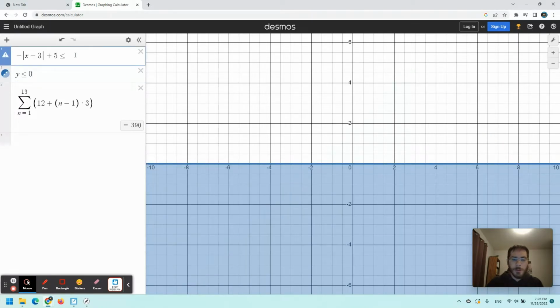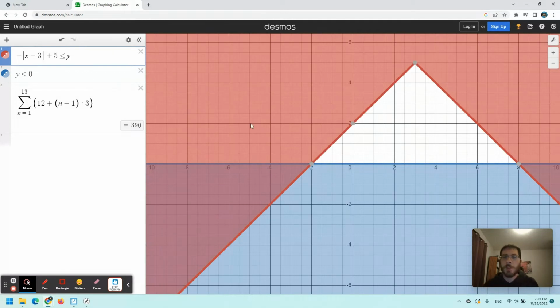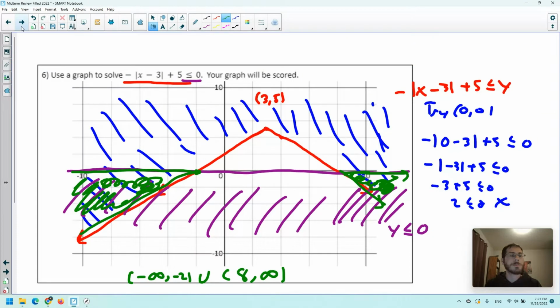Less than or equal to y. And we can see, yep, all right, that looks pretty good. See, I got my point, negative 2, 0, 8, 0. And we can see that those two sections on the edge, where's my camera at? On the edge, those are definitely going to be the double shaded sections. So, yep, that looks pretty good. So I'm pretty happy. Double checked it, looks good.